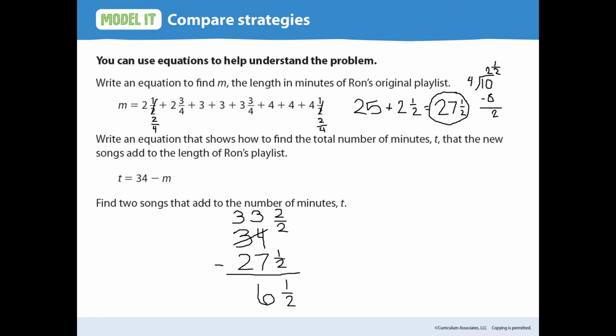So the 2 songs add 6 1/2 minutes to the playlist. So the 2 new songs could be maybe 3 and 3 1/2 minutes, or they could be 2 and 4 1/2 minutes. Those are 2 options.